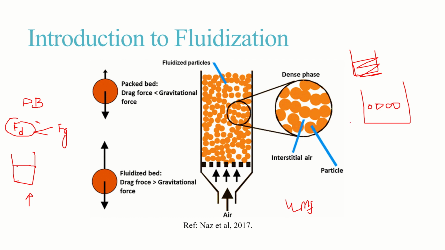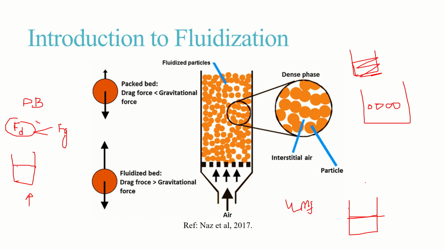Once the minimum fluidization condition is surpassed, that is, as we keep on increasing the fluid velocity, the particles start moving. Consider this as the packed bed height. At minimum fluidization velocity, it would be somewhat more.